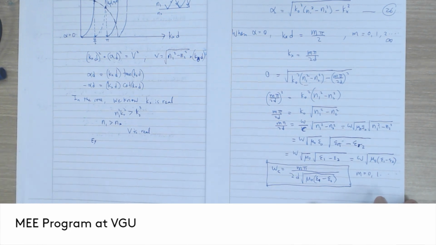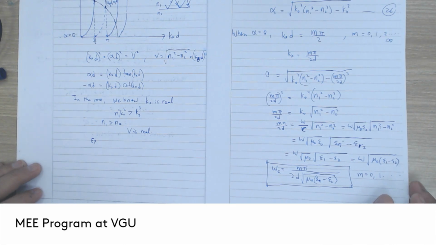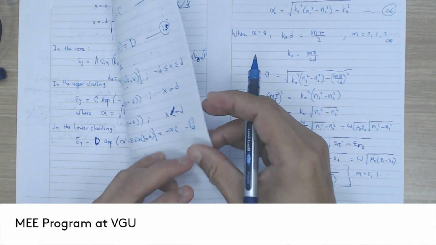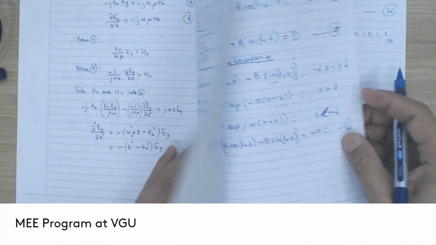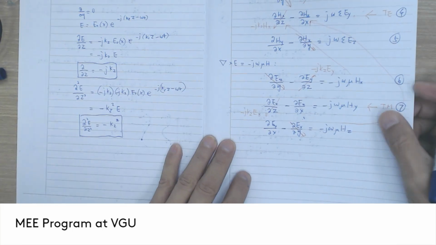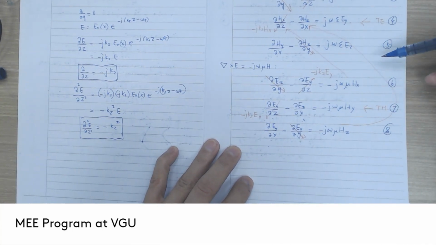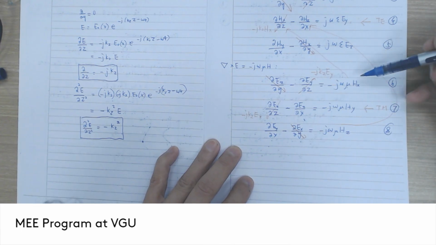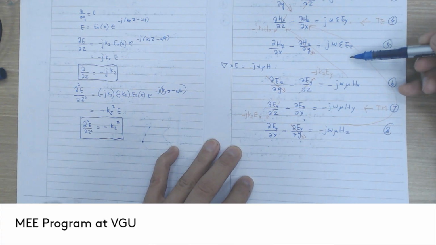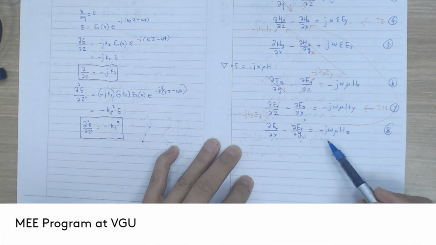And how are we going to find the magnetic field? So if you go back to what we have learned when we derived the Maxwell equation, the E of y, yeah, here we go.